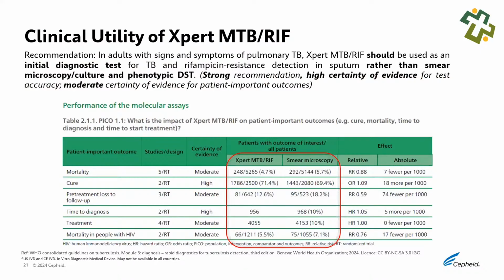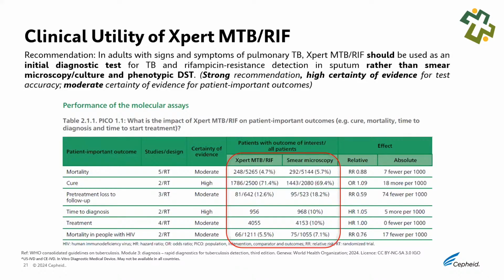So the clinical utility of Xpert MTB/RIF, remember, Xpert MTB/RIF is mainly the name of the test, or the GeneXpert test, that is primarily endorsed or recommended by the WHO. So WHO really recommends this particular test to be used as an initial test for TB and rifampicin resistance in adults with pulmonary symptoms, showing improved outcomes, including 7 fewer deaths and 18 more cures per 100,000 patients compared to smear microscopy.